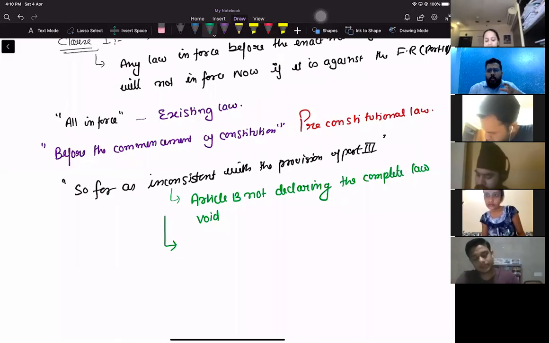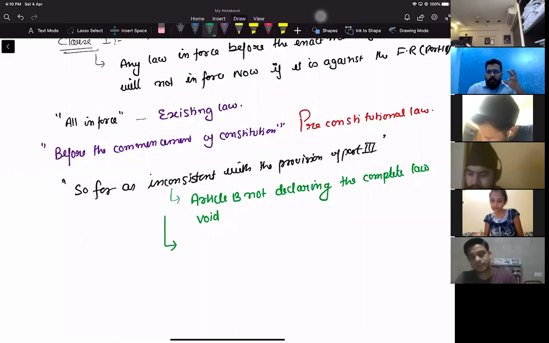They are not talking about the end of the enforceability of pre-constitutional laws. Article 13 is not talking about the enforceability or non-enforceability of pre-constitutional law. Rather, what it is saying is that the pre-constitutional law which is against Part 3 will become unenforceable.